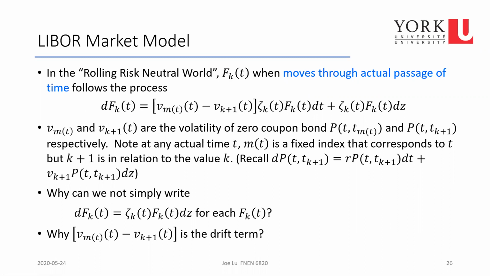So we have to express this in a different way, because right now it's not really the process for the forward rate, since we're still using information from the zero coupon bond price. It is related, but this process itself is not a standalone process. So let's see how we can get that.